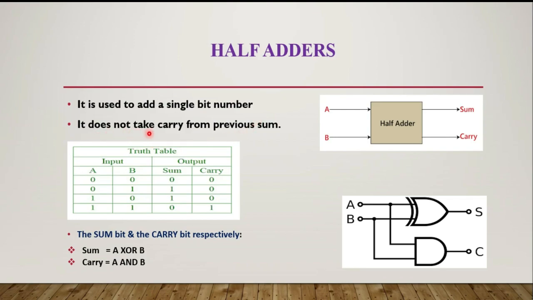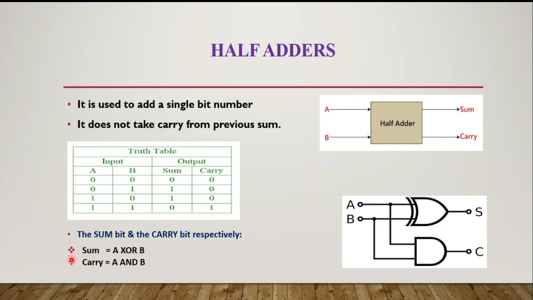It does not take carry from previous sum. The output obtained from the XOR gate is the sum of the numbers, while that obtained by AND gate is the carry. There will be no forwarding of carry addition because there is no logic gate to process that. Thus, this is called half adder circuit.